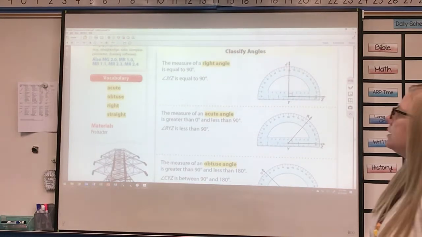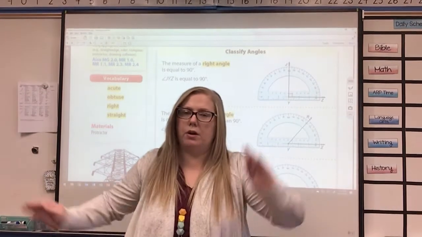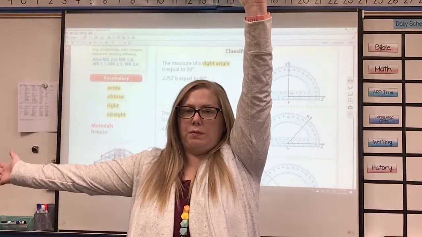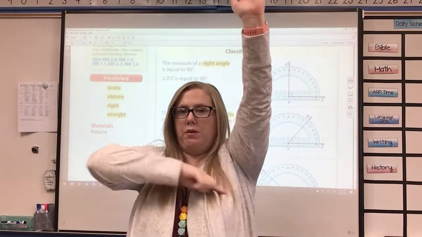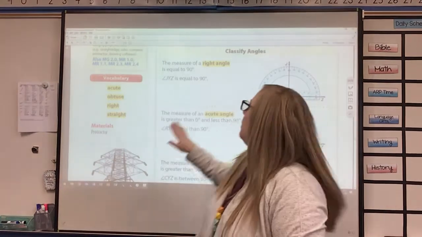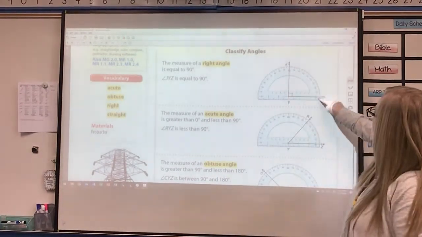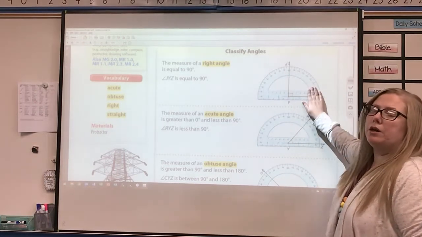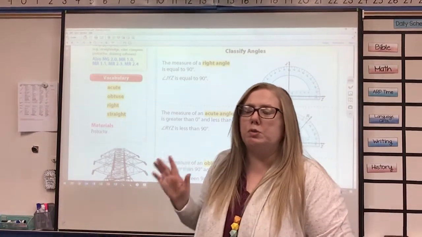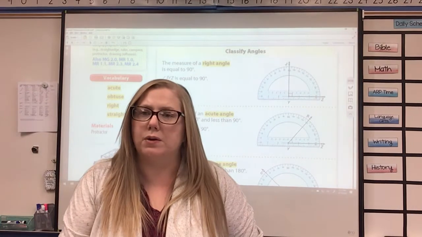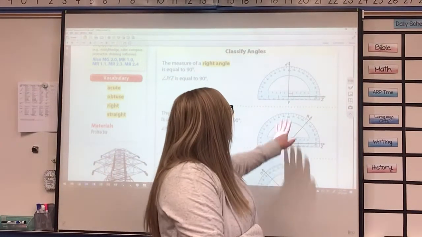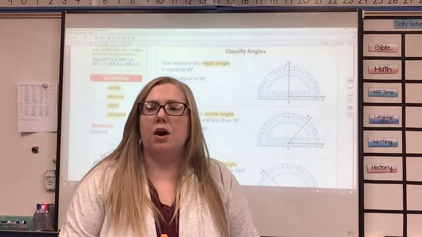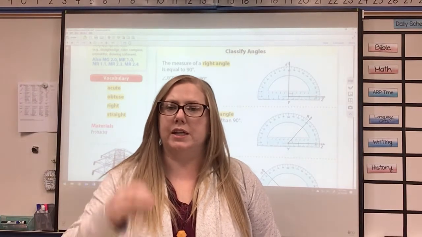All right, so let's start off with right angle. And a right angle is like this. So it forms an L, and where it forms that L is a right angle. Okay, so here is my line, and here is my right angle. This is a protractor, and we use protractors to measure angles. So when I take my protractor and I put it up to this line, or this angle, I'm going to get 90 degrees.